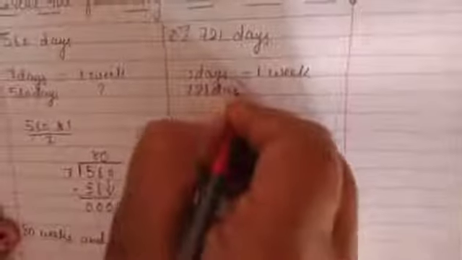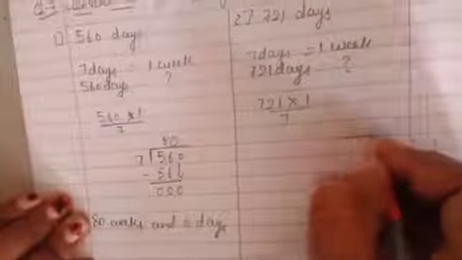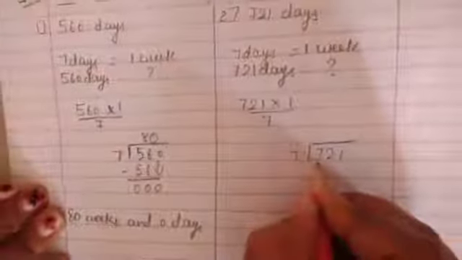Now number 2, 721 days. In the same way, 7 days equals 1 week. We have 721 days, equal to how many weeks? So 721 multiplied by 1 upon 7. We have to divide it by 7. In the 7 table, 72 is not a match, so we will take 1 digit.